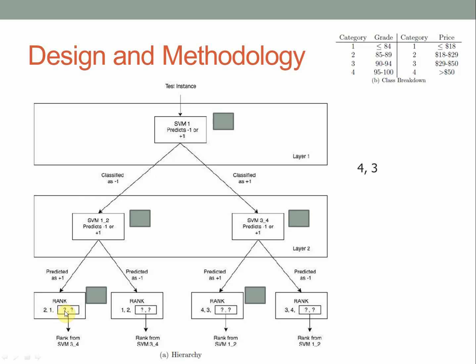That gives us the next possible guess for this y after category 4 and category 3, because those are the first priorities of the predictions made based on SVM 1. The next prediction, based on SVM 3, indicates it is going to be category 2, and of course the least likely is going to be category 1.